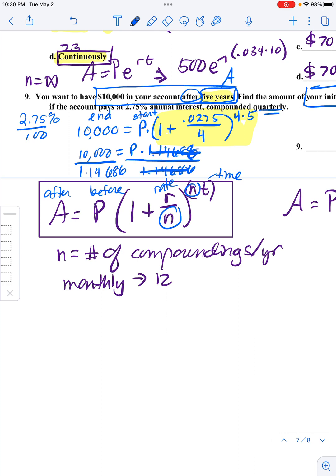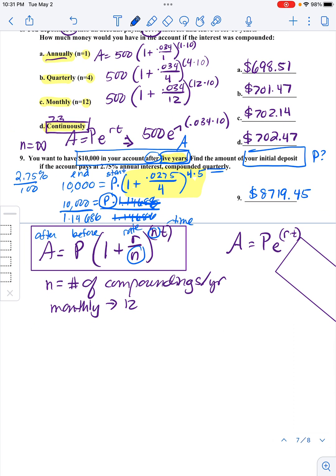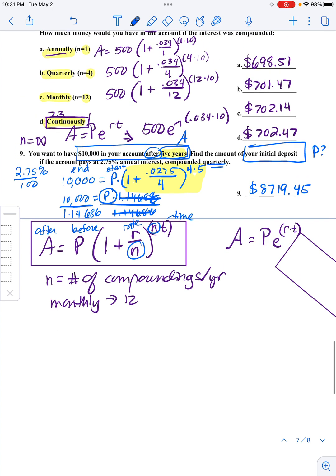This will just cancel, leaving me with my principal value. And I got a principal value of $8,719.45, which makes sense because if I'm gaining interest and at the end of the 5 years I want to have 10,000, I need to have started with something that's less than 10,000.